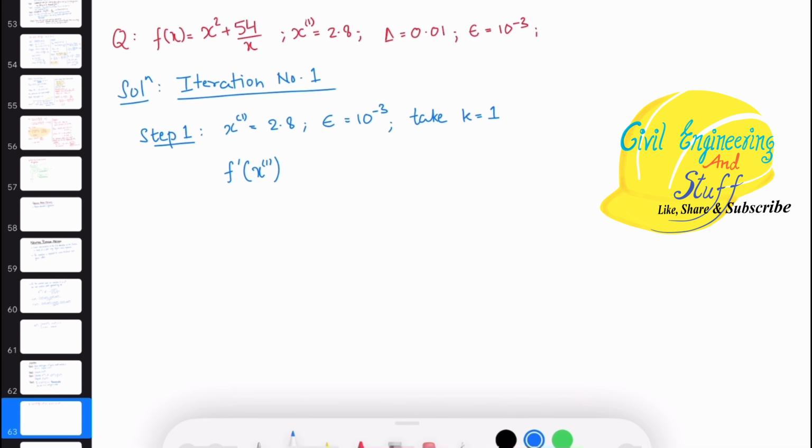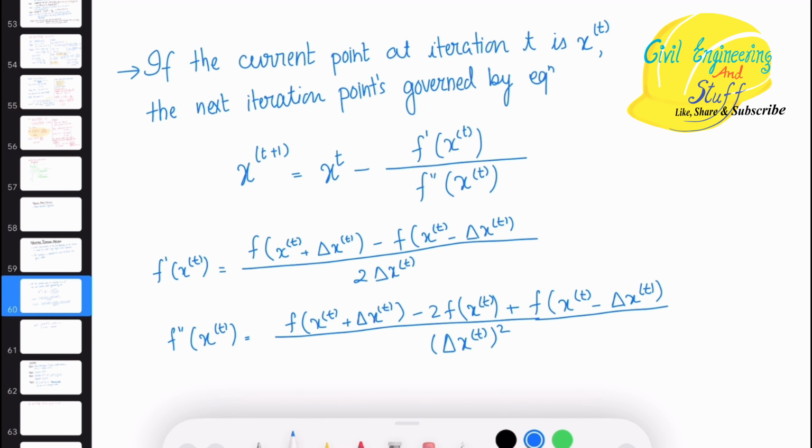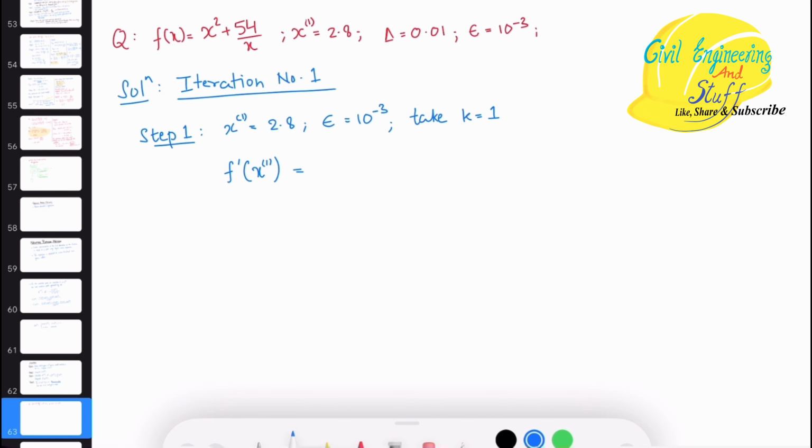x1. The formula for the first derivative is this one, right? So let's write down the formula. The formula for the first derivative will be f of x1 plus delta x1, right?